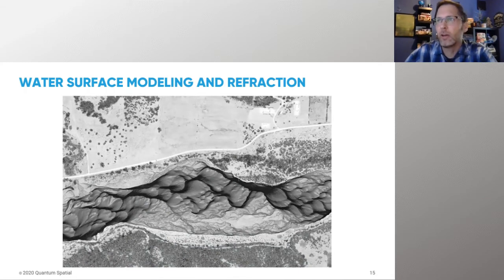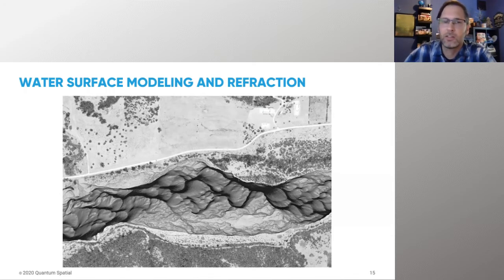Here's a shout out to the Niobrara River. That is the project we've been flying for USGS, and you can see how complicated these stream systems can be. Here's a super shallow system, braided. There's sandbars with water going through them in and out, wet sand. It's really complicated.